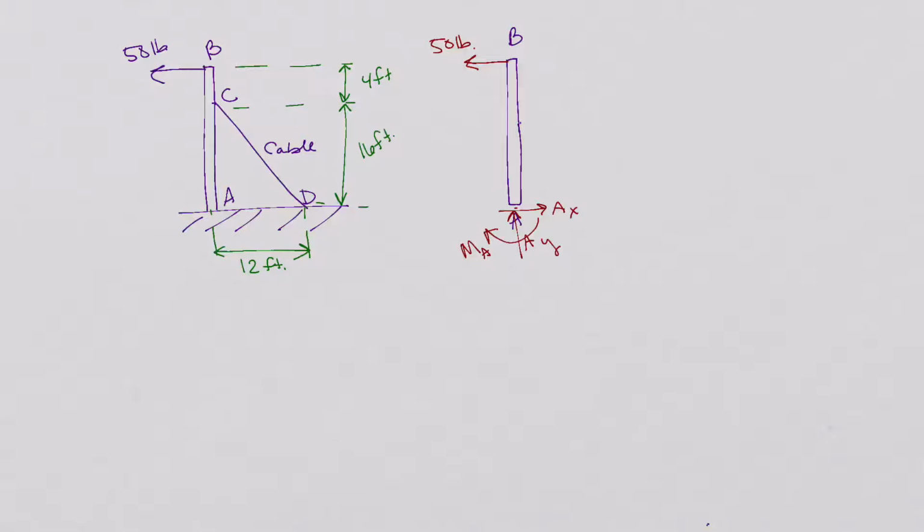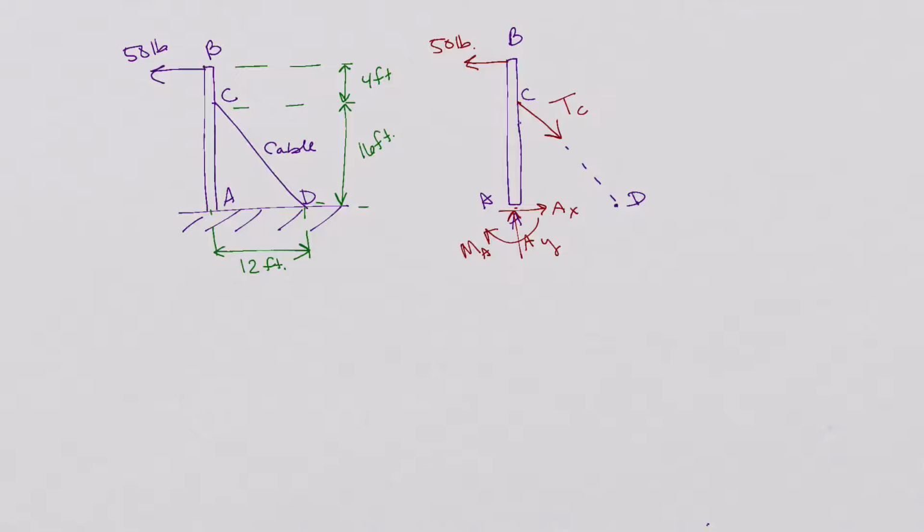And so that cable, we just know there's a force that goes from C down to D. And that force, let's just call it something. We'll also call it the tension in the cable. And we know the CD, let's see, we know it's 16 feet up, 12 feet to the side.